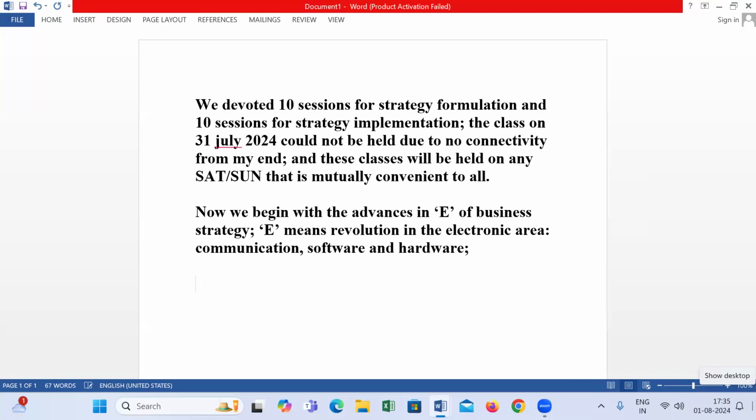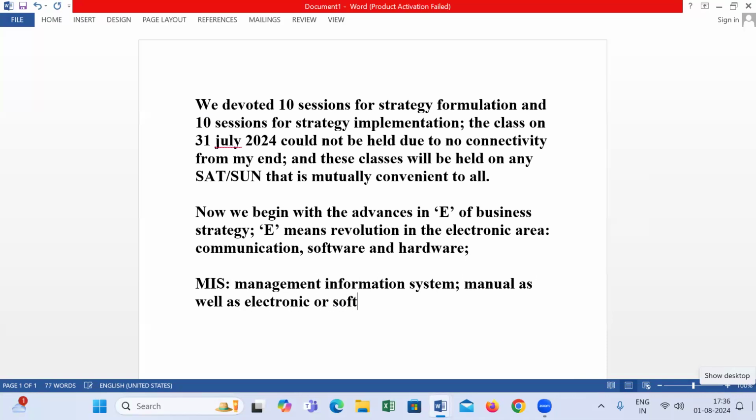So I begin with the first part, which is MIS. MIS is Management Information System. These could be manual as well as electronic or software and hardware based. Next one is ERP.